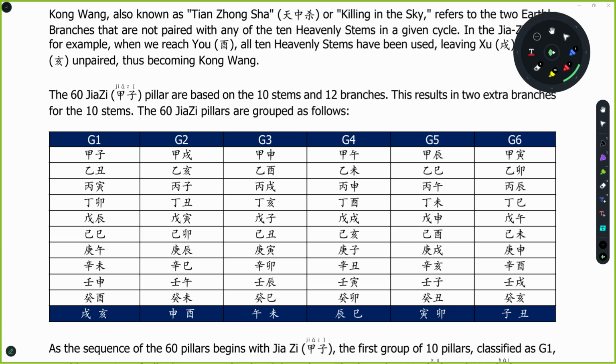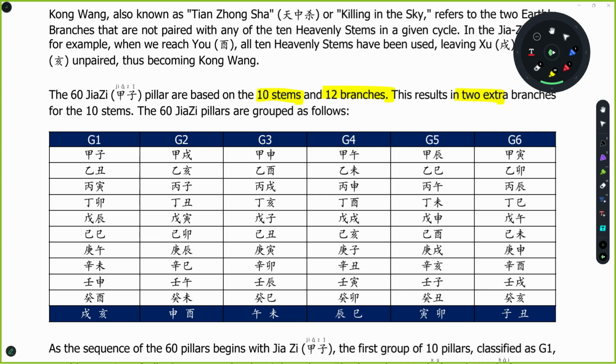The groups come about because each group has 10 stems. And as we know, out of the 10 stems, the pairing to form a pillar will be 1 stem to a branch. Therefore, with 10 stems, there can only be 10 pillars. And these 10 pillars, knowingly, come from 12 branches, indicating that there are 2 extra branches.